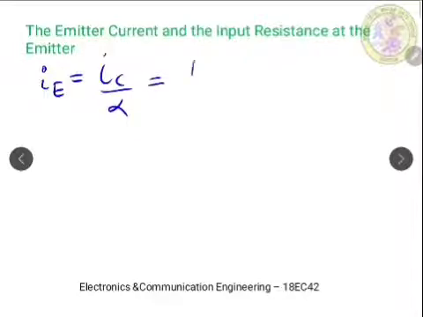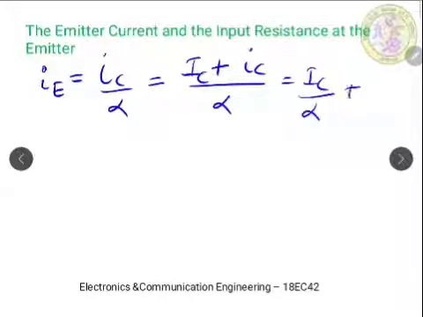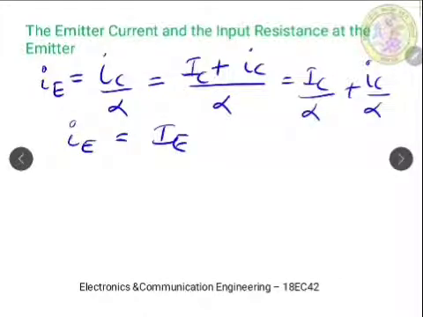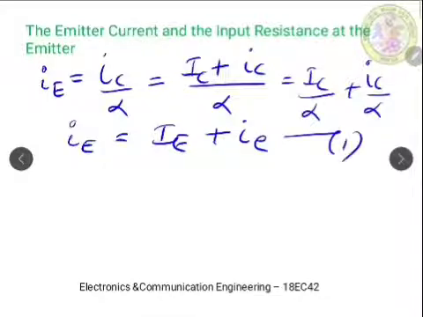IC again consists of both DC and signal components, so IC by alpha plus small ic by alpha. Therefore IE is the sum of capital IE plus small ie. This is equation 1.